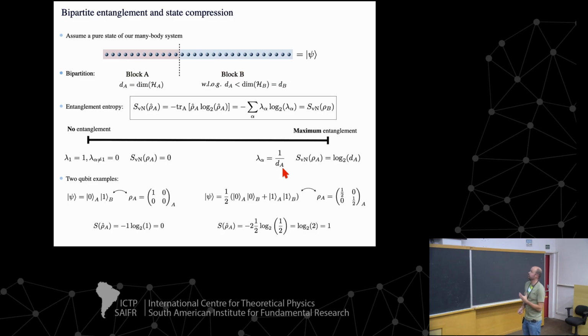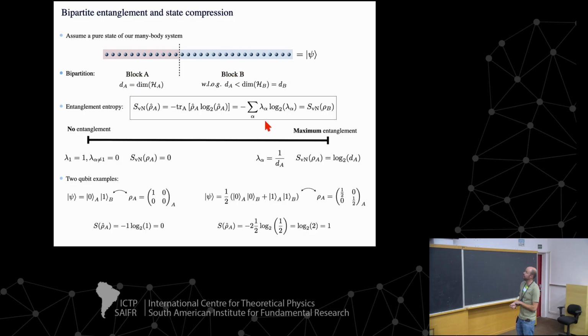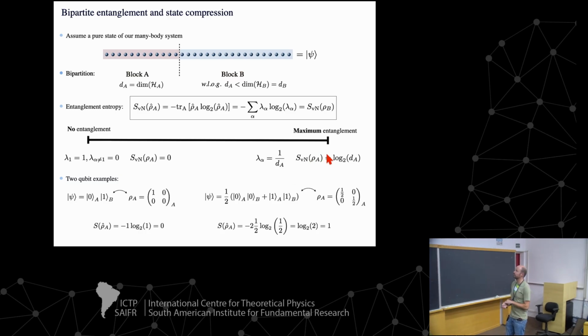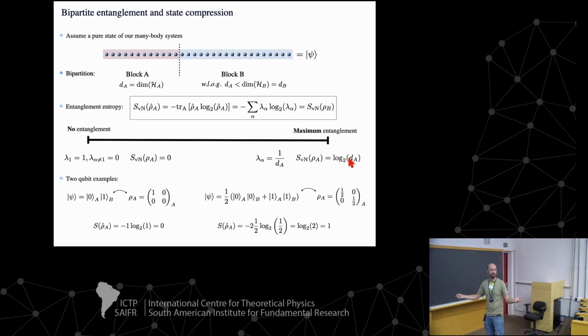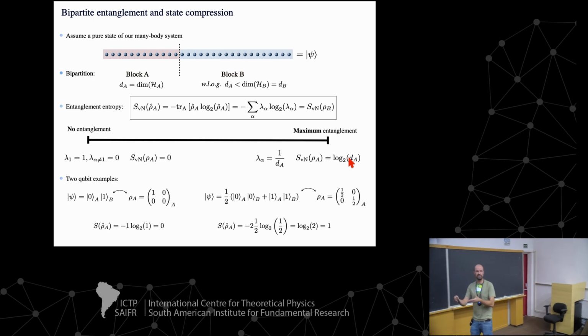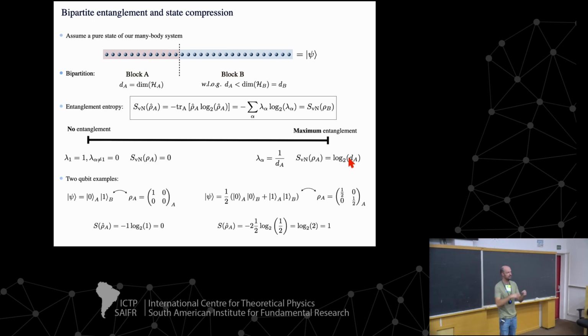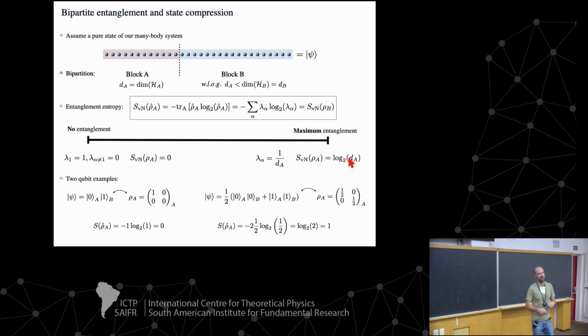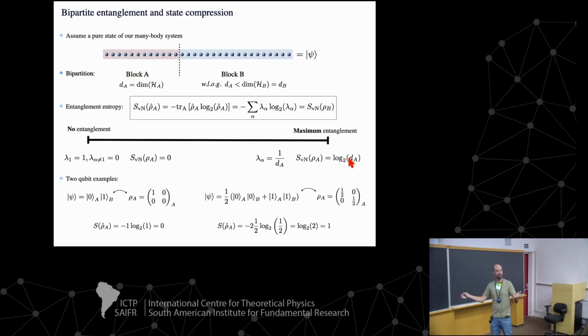So clearly, the maximally entangled state is where all of these eigenvalues of the reduced density matrix are the same, and they are 1 over the dimension of your sub-Hilbert space. So the largest entropy you can get is the logarithm of the dimension of your Hilbert space. If your subsystem has 10 qubits, the dimension is 2 to the power 10, so the logarithm of this is 10. The maximum entropy that you could potentially make is 10.